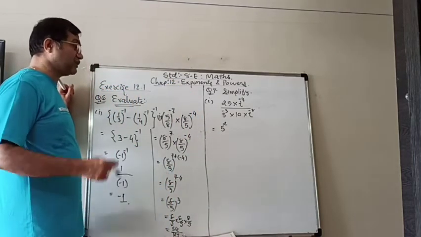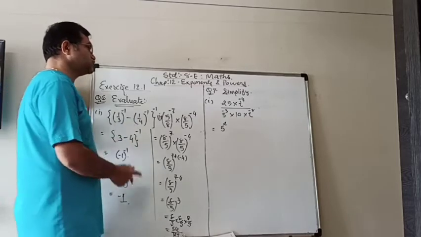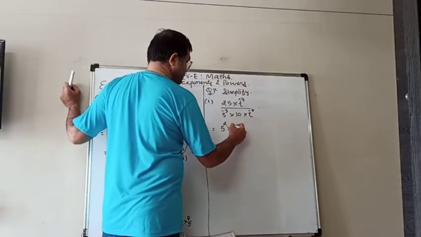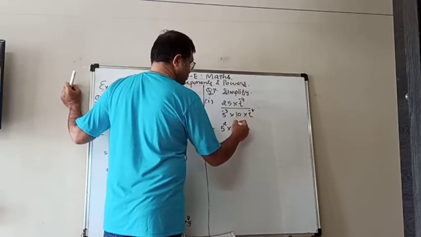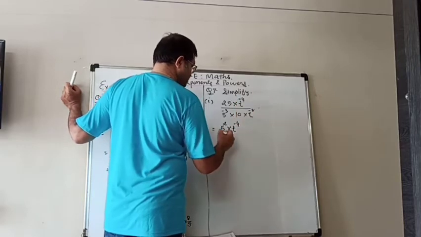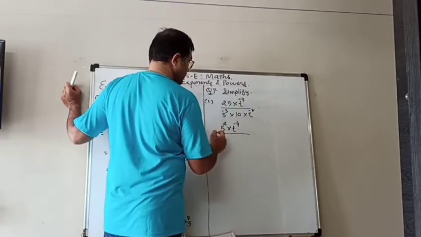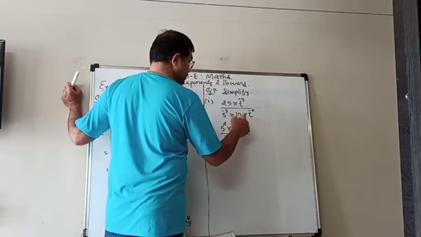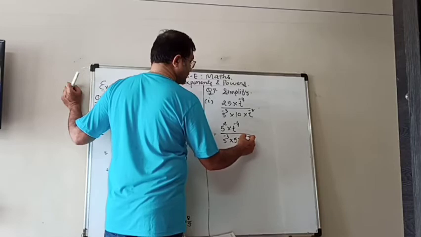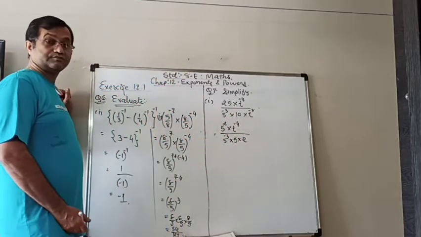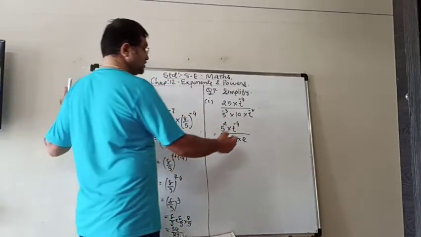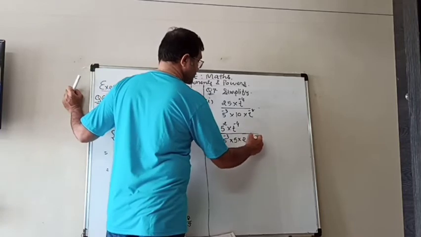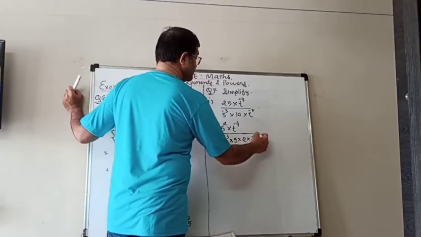So we can write 25 as 5 squared. t raised to minus 4 we will keep as it is. 5 raised to minus 3. 10 you can write as 5 multiplied by 2. And then t raised to minus 8.